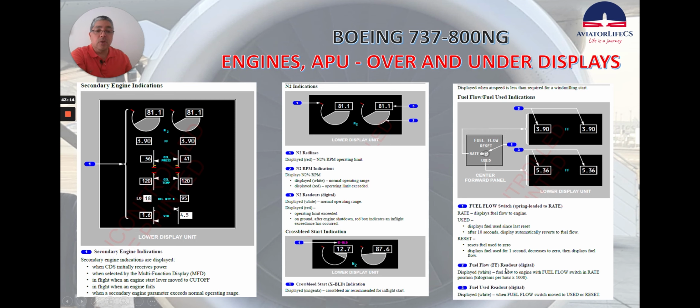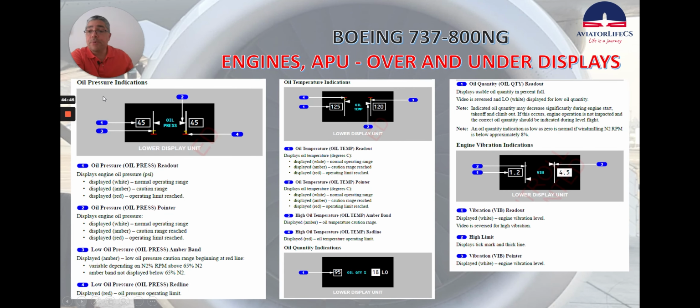Number two is the fuel flow readout, digital, and we can see it here. Displayed white, fuel flow to engine with fuel flow switch in rate position, kilograms per hour times 1,000. Number three is the fuel used readout, which is digital as well, displayed white when fuel flow switch is moved to used or reset.